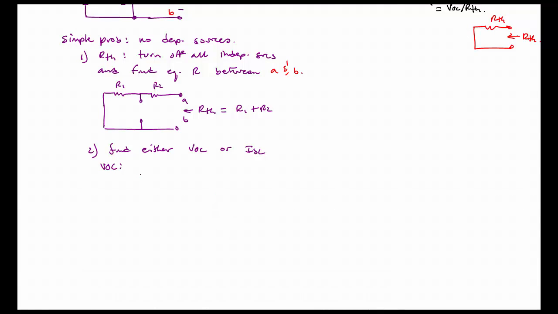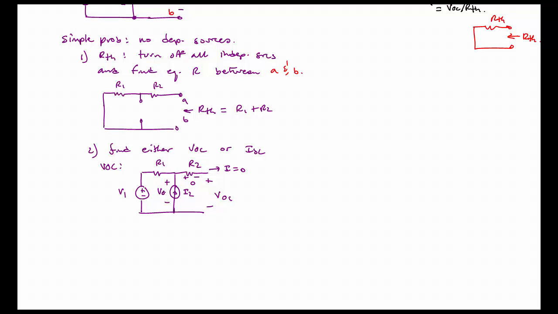So we will have V1, R1, I2, and then R2, there's no current. Since there's no current, this V open circuit here will simply be the voltage across this I2.